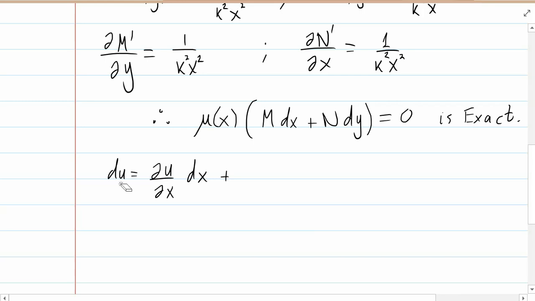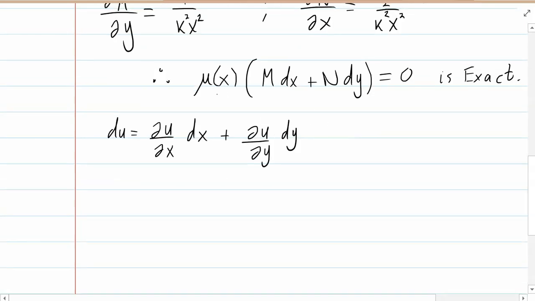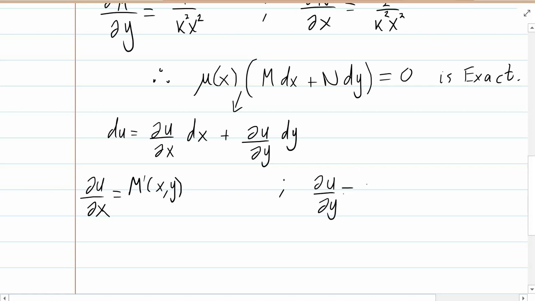This is always true for any function of x and y, but we're going to pair this with our differential equation here. So that means that the partial of u with respect to x is equal to M prime, where M prime is obviously mu of x times M, and the partial of u with respect to y is equal to N prime.